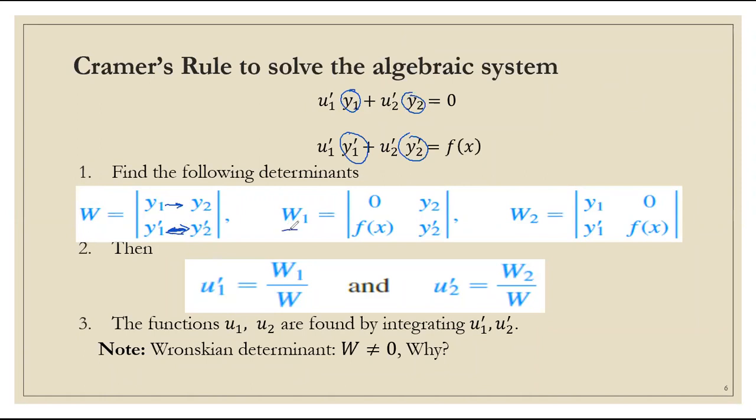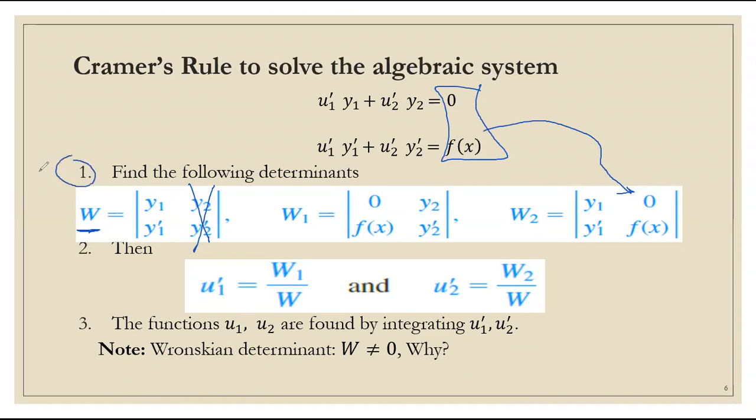Okay. The W1 is the same as W, but I'm going to replace the first column by my right-hand side. What about W2? The W2 is similar to W, but I'm going to omit the second column and replace it by your right-hand side. This is the first step.